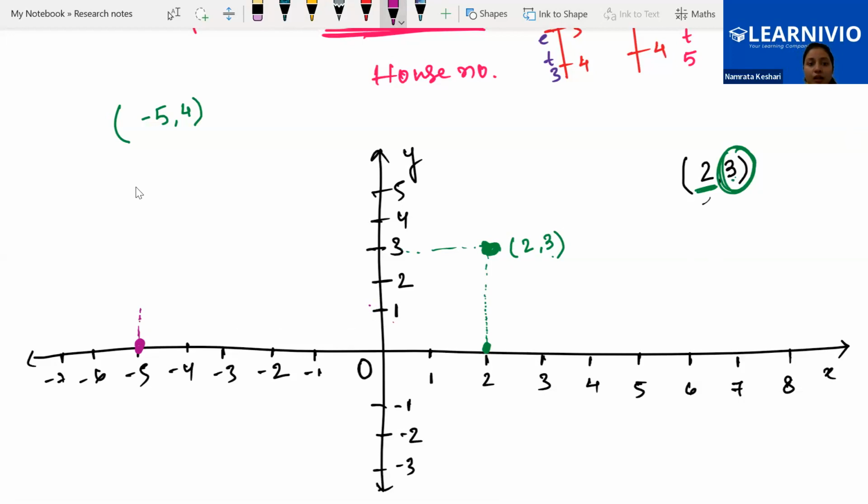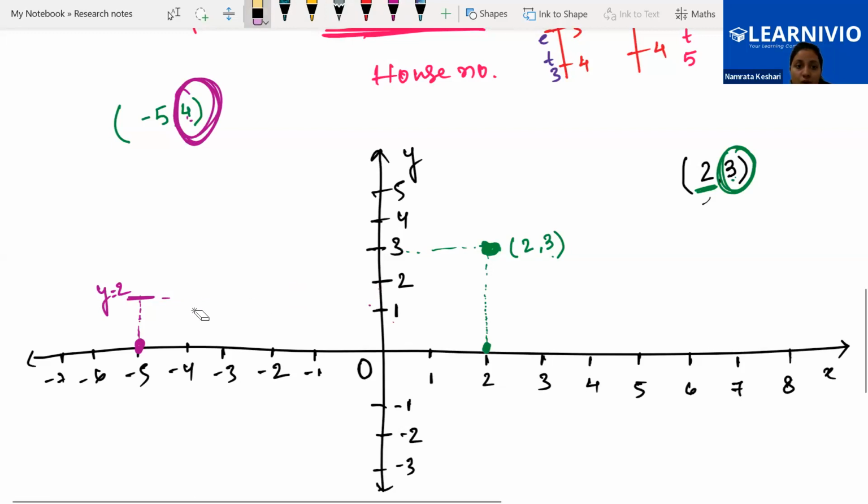If we stop over here, y is 2. Here we cannot stop. We need to stop at y is 4. Our y is positive 4. That's why we are moving up. We will keep on going till we are parallel to y equals 4. Here, can you see y is 4?